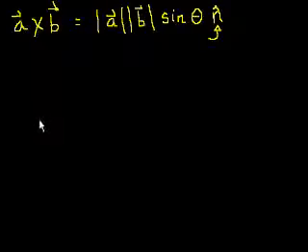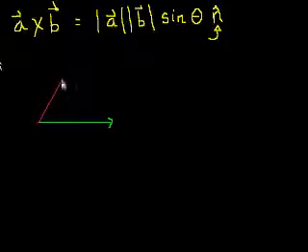So let's say that's vector B. Okay, here we go. Let's say that that is vector A, and we want to take the cross product of them.